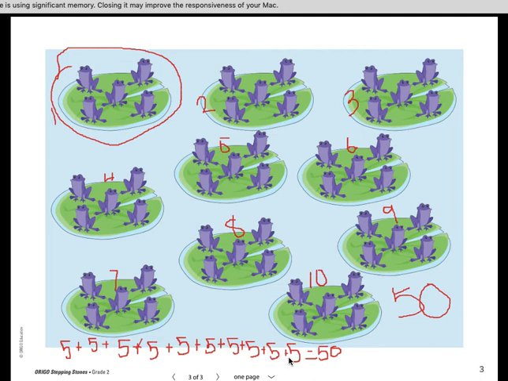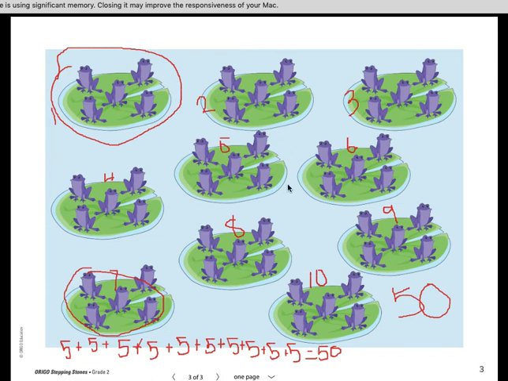All right, so that took a little bit longer, but let's take a look. Did 5 plus 5 plus 5 plus 5 plus 5 plus 5 plus 5 plus 5 plus 5 plus 5 equal 50? 10 groups of 5. Each 5 represents one lily pad. So we added 5 10 times, adding 5 frogs on 10 lily pads.